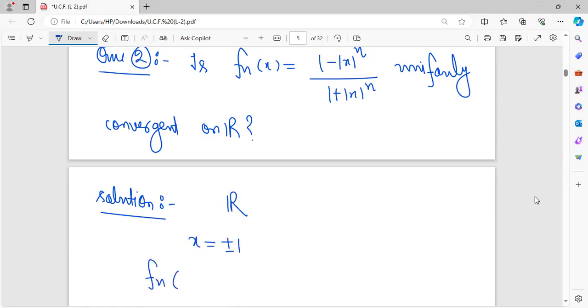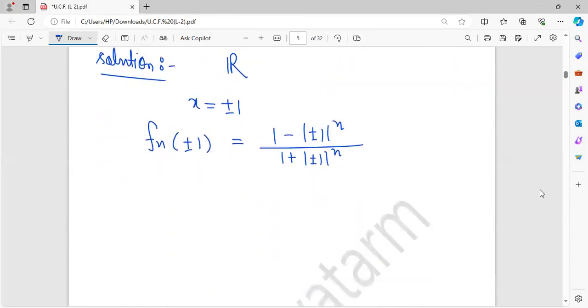What will be the limit at this point? 1 minus |±1|^n, the modulus of plus or minus 1 is 1, so it will be 1 minus 1 upon 1 plus 1. So it is 0. So fn(±1) converges to 0.